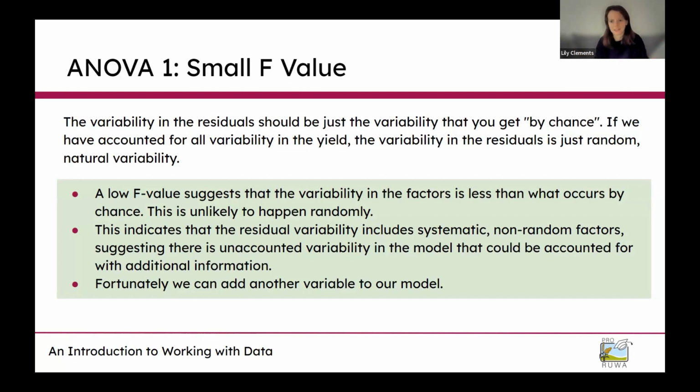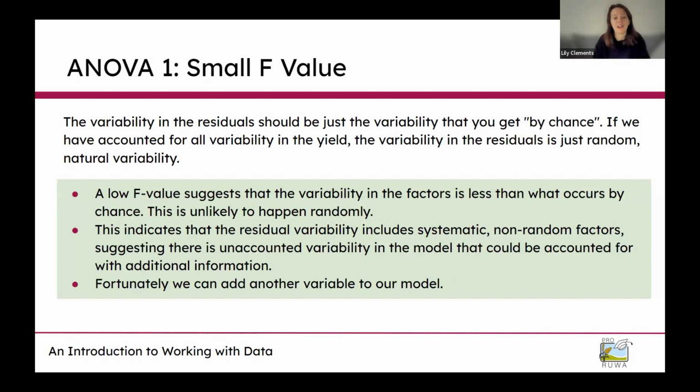This is unlikely to happen randomly. This indicates that the residual variability includes some systematic non-randomness, that it's not entirely natural variability in our residuals. It implies that there's unaccounted variability in the residuals that could be accounted for with additional information.